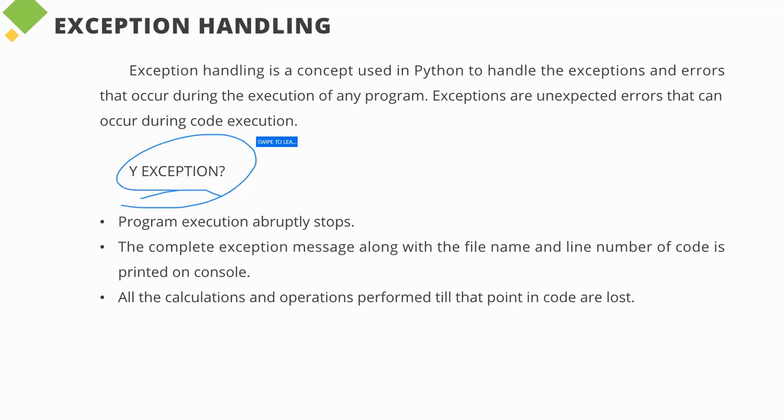Whenever you get an error or an exception, the program execution abruptly stops and gives a message that the user can't understand, so he can't figure it out. When you use exception handling and give an understandable message in the except block, the user can read it and find what the error is.